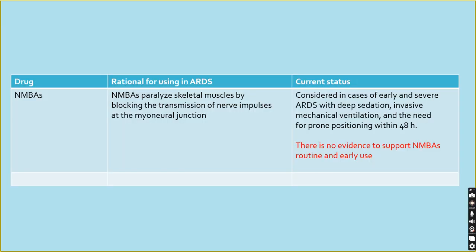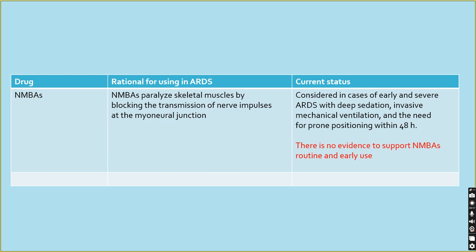Neuromuscular blocking agents are required to have better synchrony. They paralyze skeletal muscles by blocking transmission of nerve impulses at the myoneural junction. They are considered in early and severe cases of ARDS with deep sedation, invasive mechanical ventilation, and when particularly patient needs proning in first 48 hours.